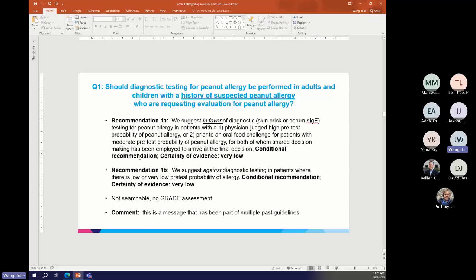This is a conditional recommendation, so there may be some cases where testing is not performed. And of note, the certainty of evidence is very low to support this recommendation.